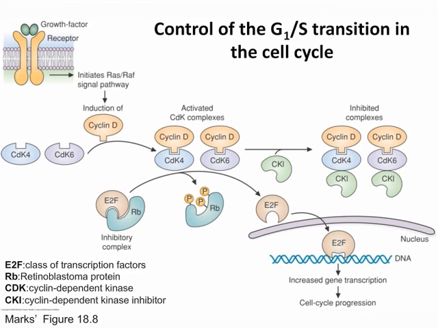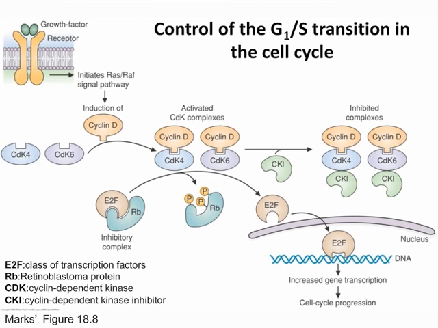And let's say it activates the RAS pathway. So that's going to increase or stimulate transcription. So if you remember from the previous slides, if a cyclin binds to a CDK, we have an active complex. So in this case, we have CDK4 and CDK6. Cyclin D binds to both of them, and now you have two activated CDK complexes.